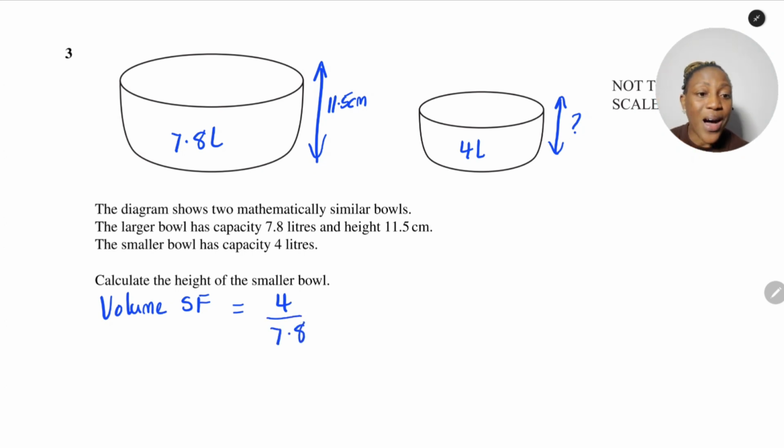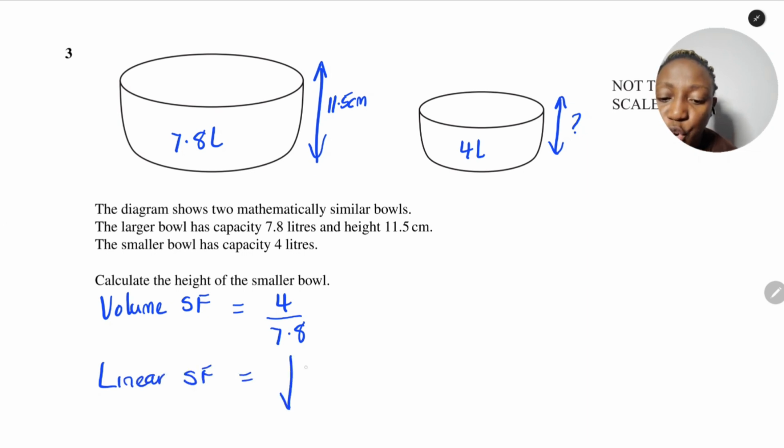We are looking for height. Height is a length, so we need a linear scale factor. Linear scale factor is given by the cube root of the volume scale factor. Why cube root? Remember earlier we said that to go from linear scale factor to volume scale factor, we need to cube our linear scale factor.